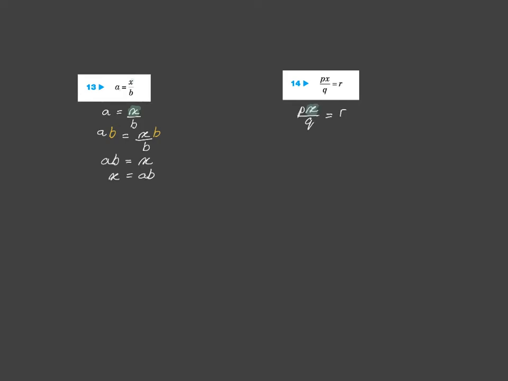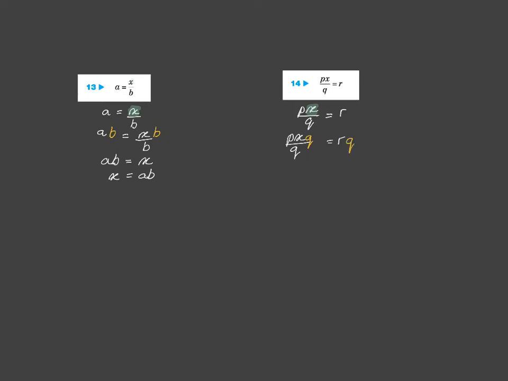Number 14, px over q is equal to r. X must be the subject. X is multiplied by p and divided by q. The first thing we're going to do is to multiply both sides by q so we can get rid of this fraction. On the left, it's px multiplied by q, and to balance that, we multiply the right by q as well.